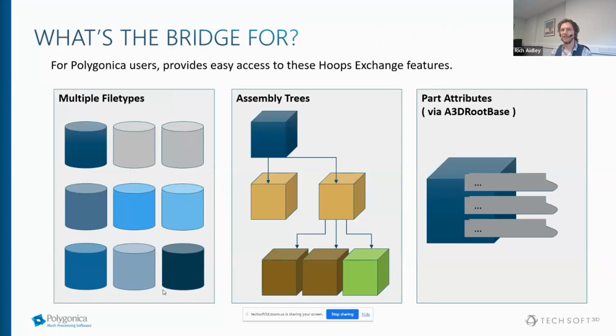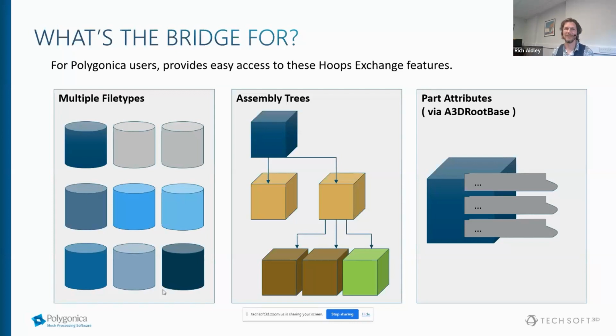Then, as I've just mentioned, the PT world entity hierarchy is flat. So HOOPS Exchange provides a way for us to put that into a tree structure, which is going to be important if you're doing anything which requires that.